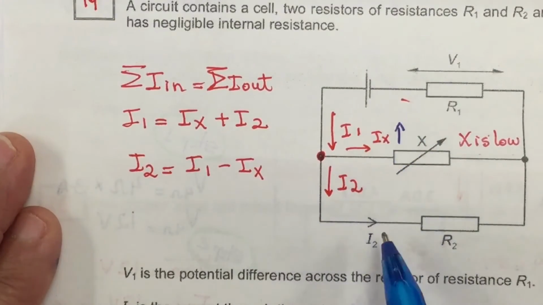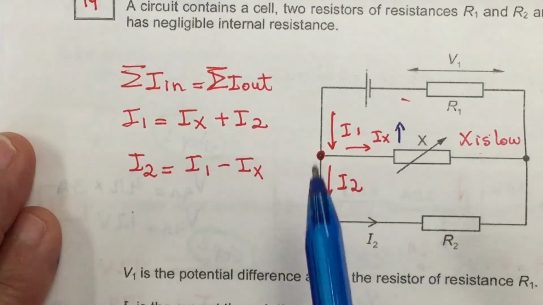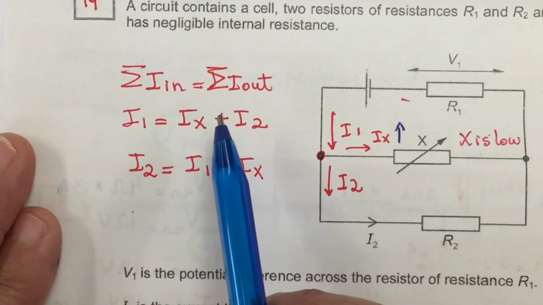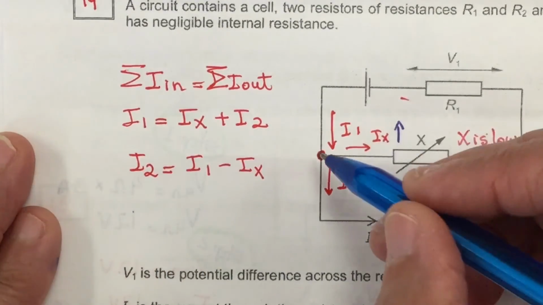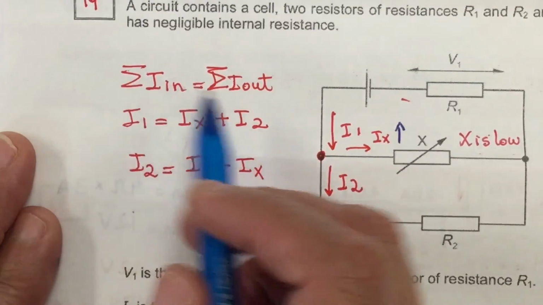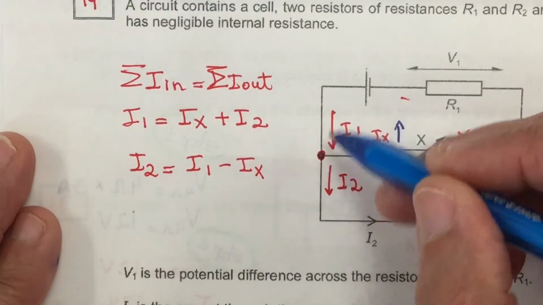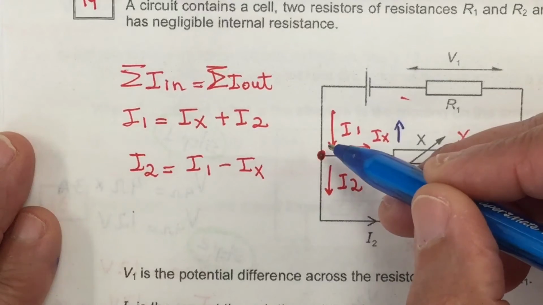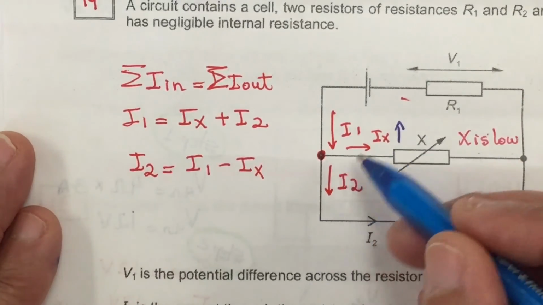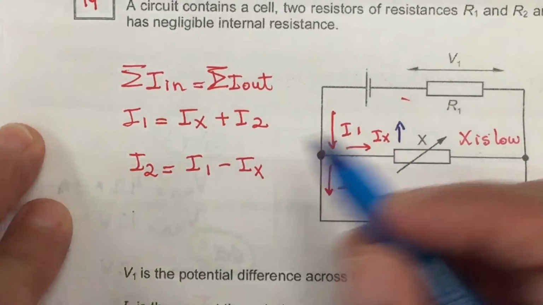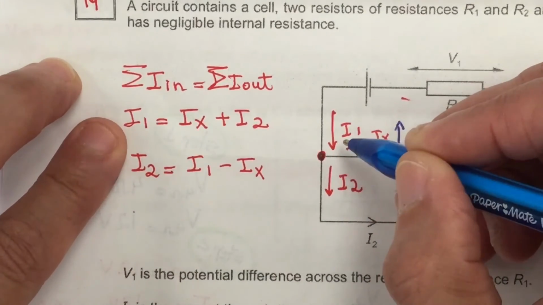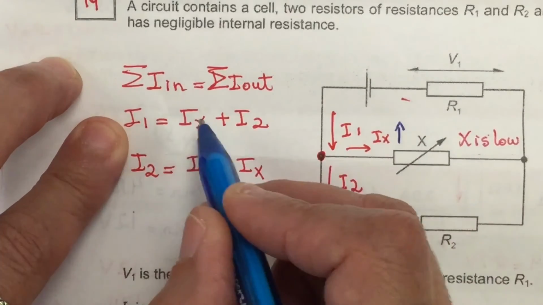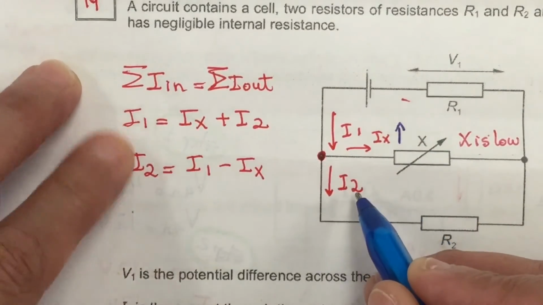So how is this going to affect I2? Well, you need to look now at Kirchhoff's first law for current. So the current in a junction obeys this law: the sum of currents that enter is equal to the sum of currents out. So the current that is arriving at this node is I1 and leaves as IX plus I2.